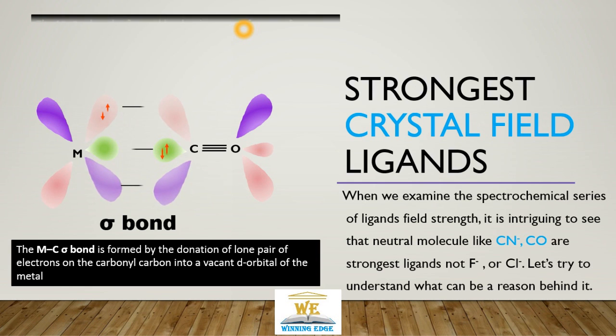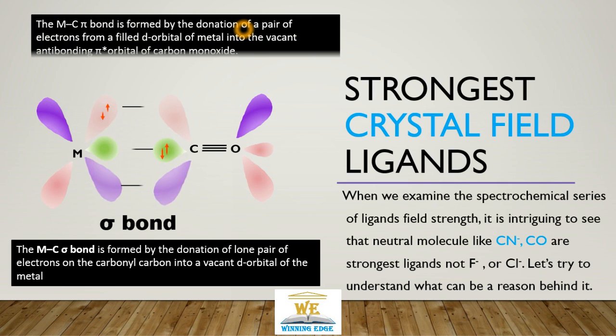Because of the back bonding, the metal-carbon pi bond results in the formation of a very strong complex, and this back bonding happens through the transfer of electrons from the d orbitals of the metal into the vacant anti-bonding pi orbitals of carbon monoxide.